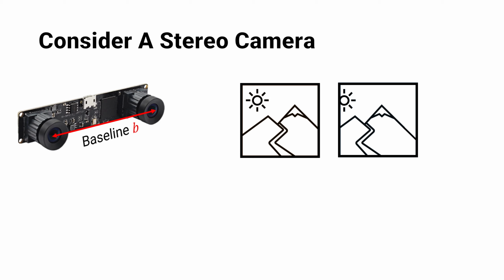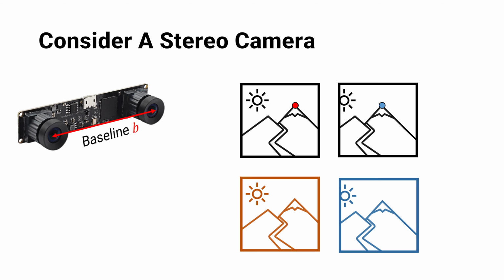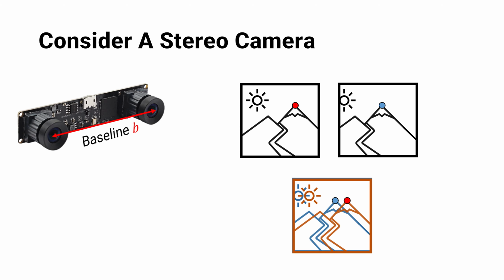I'm going to label them with the red color for the left side camera and the blue color for the right hand side camera. If we color code the entire image, this is what it would look like. Just to show you that this actually gives you a different viewpoint, I'm going to overlay these two images. As you clearly see, they're definitely not the same images, but they have similar context or content in them.